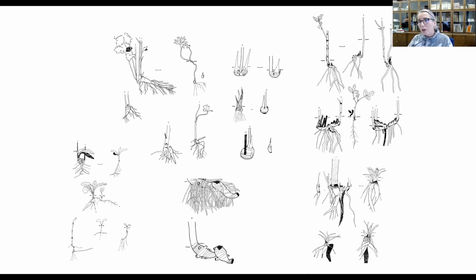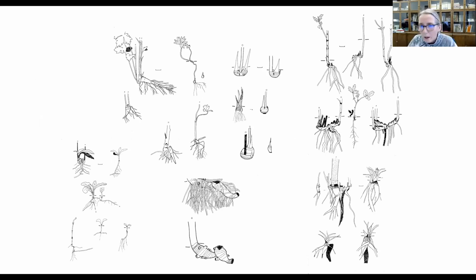And it's not only biomass, it's diversity of forms and traits. It's not so simple to say those are below ground stems. Different organs participate in this coarse organ.